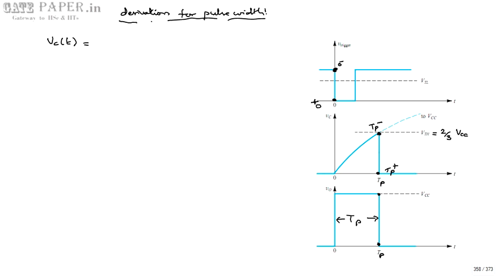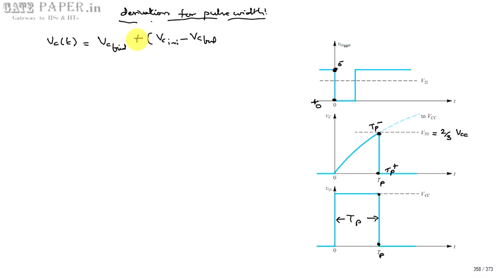Vc of t is equal to Vc final minus Vc initial minus Vc final. If you are writing minus over here, then Vc final should always be of opposite sign, but if you write minus into minus, it becomes plus, same sign, so make it plus.